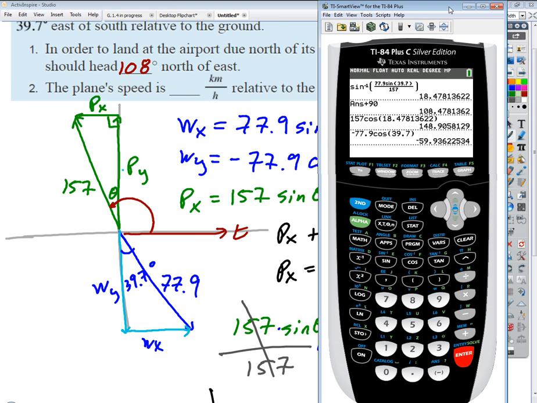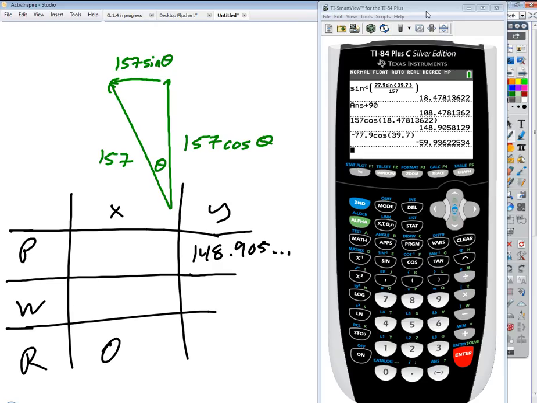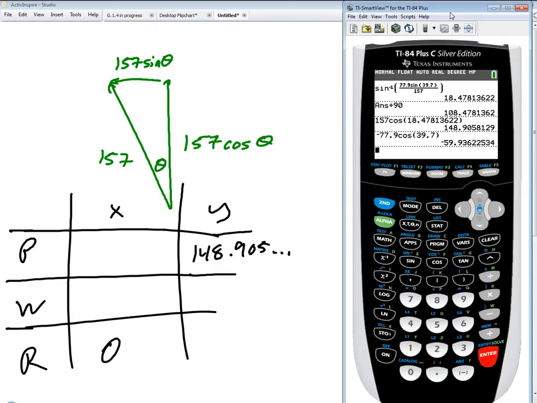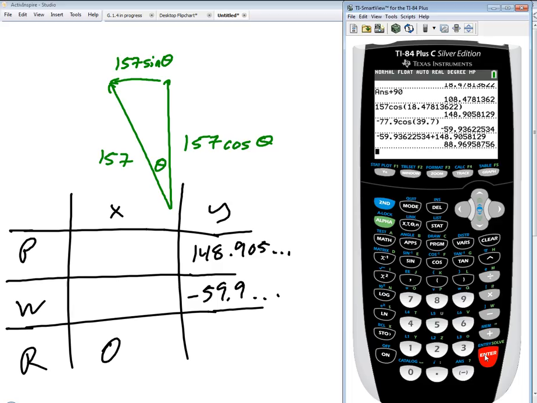Now we'll go back to this page. We've got negative 59.9, and so on. Add those up in our calculator and get what? That 90 something plus that is that.